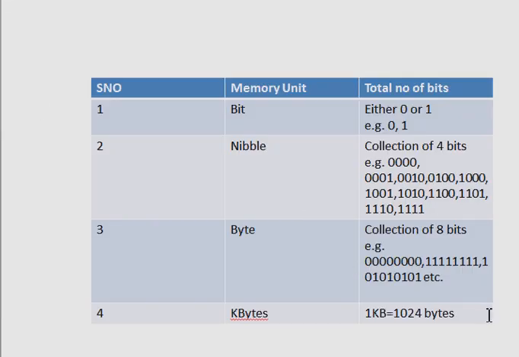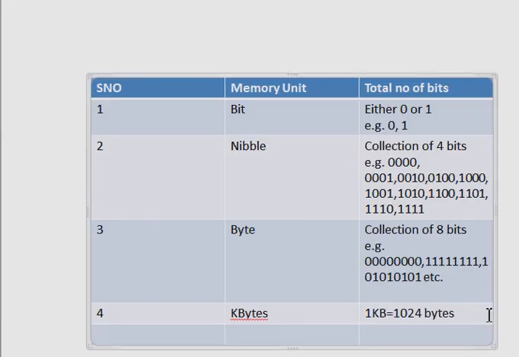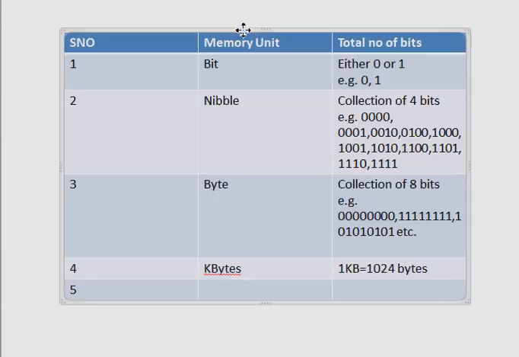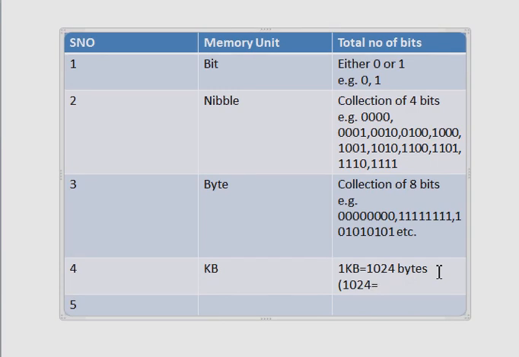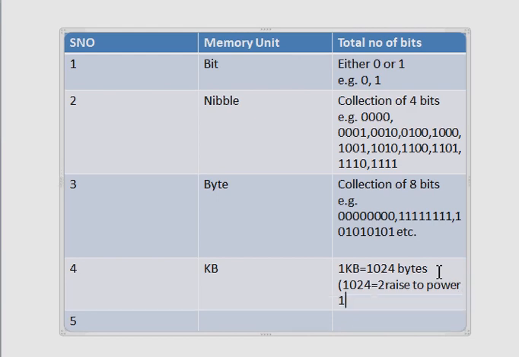So next, in here you can see what 1024 is. 1024 is equal to 2 raised to power 10.